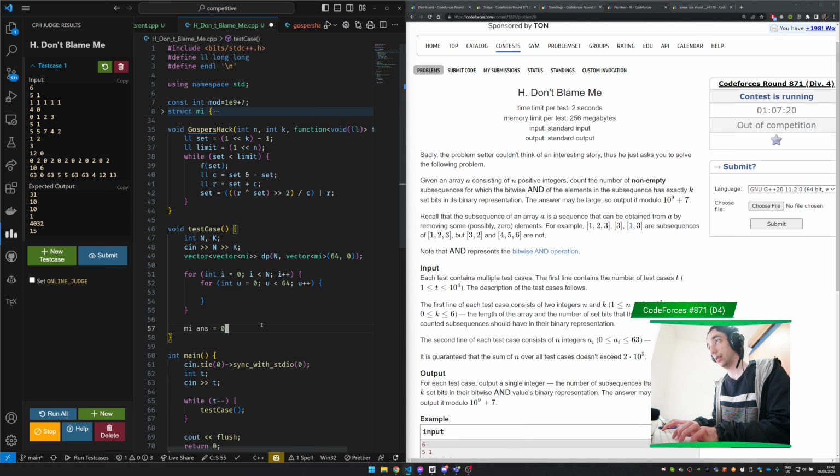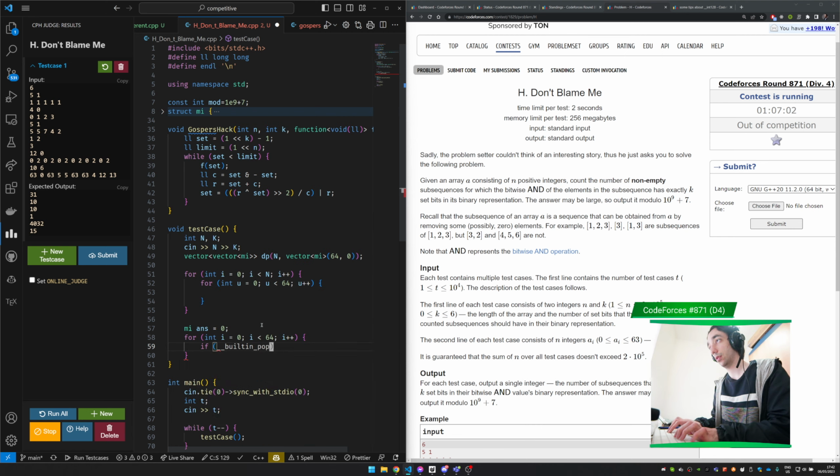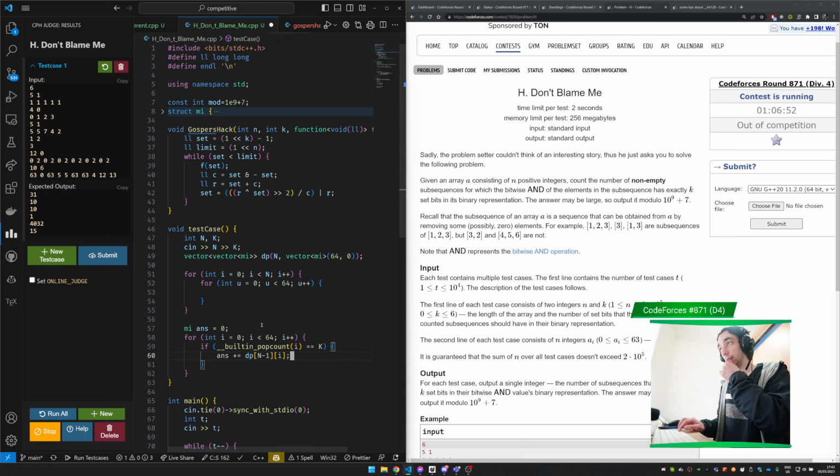The answer is the following: for each of the 64, if the built-in pop count of i is equal to k, then the answer is updated with this.